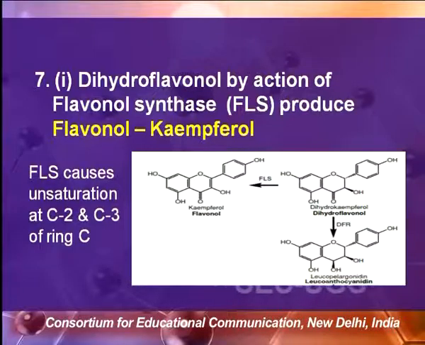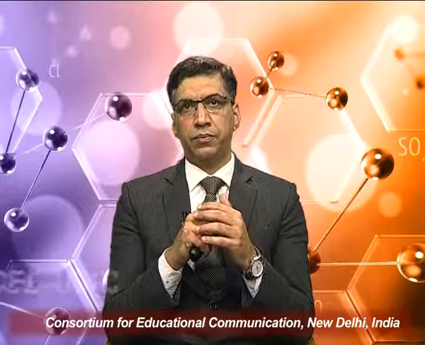So earlier flavones were formed from flavanone, and now from the dihydroflavonol, that is flavanonol, we are synthesizing flavonol. So again it is acted upon by flavonol synthase, that is this enzyme will help in the synthesis of flavonol and introduction of an unsaturation in the ring C between the second and third carbon.